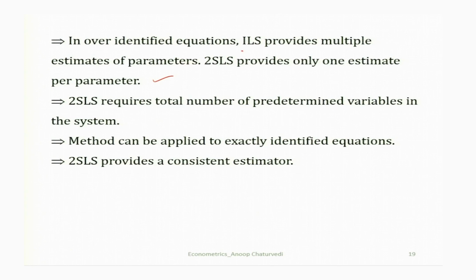When you apply indirect least squares, you just require those predetermined variables which are included in that particular equation, not all the predetermined variables included in the system, but in 2SLS you require all the predetermined variables in the system. This method can also be applied to the exactly identified case, and this method provides a consistent estimator.